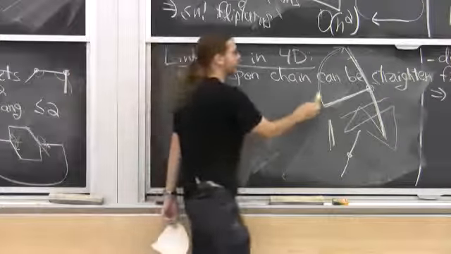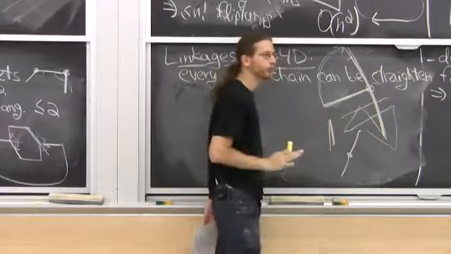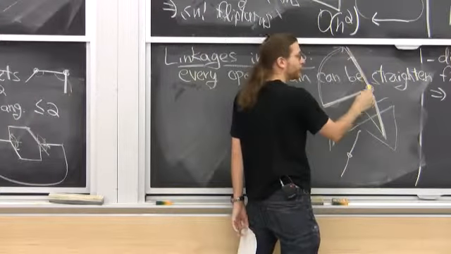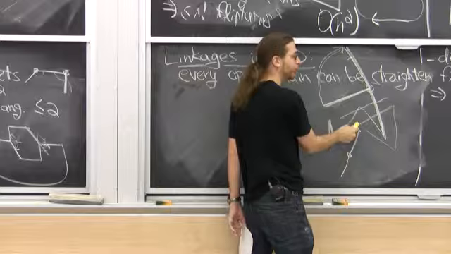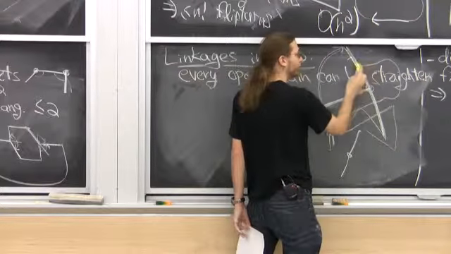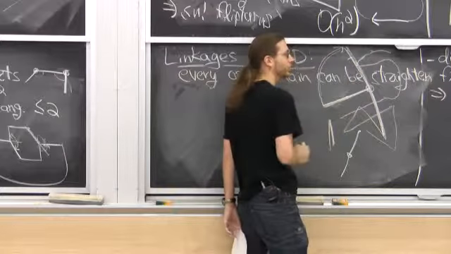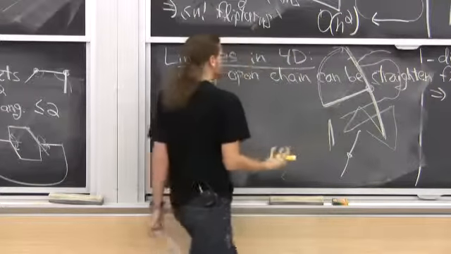So I want to move this guy from here to here without collision. There are 2 problems. One is that this goal configuration might be obstructed by the rest of the linkage. Maybe the linkage comes around here and it intersects this line segment where I want to go. So it could be my goal.